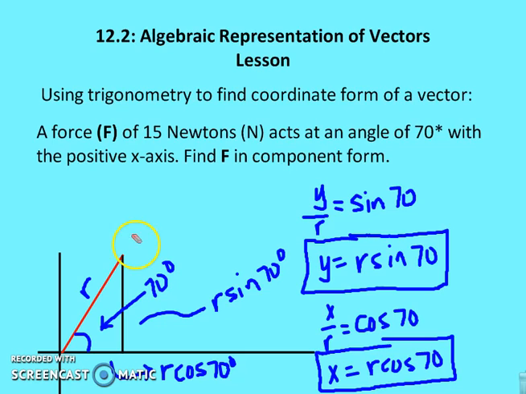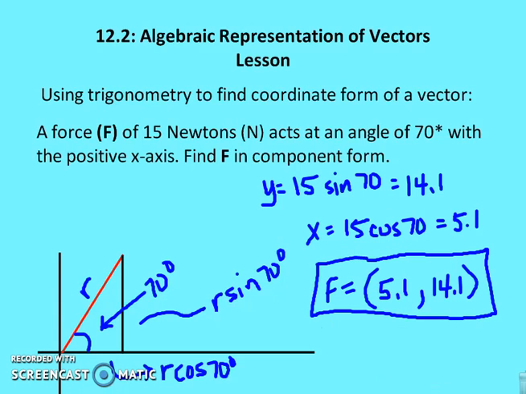So as we set this up in an equation, y is equal to 15 sine 70 and x is equal to 15 cosine 70. When we calculate that, you come up with the force F in component form for that vector as (5.1, 14.1).